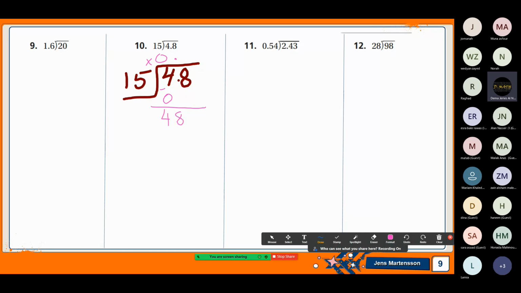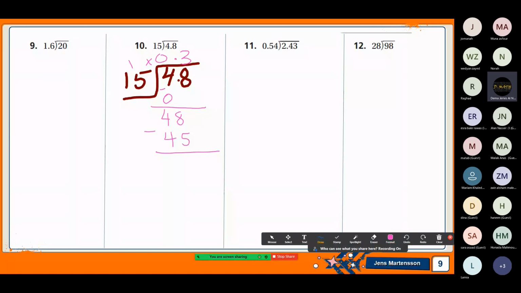48 divided by 15 is 3. 3 times 15: 3 times 5 equals 15, and 3 times 1 is 3, plus 1 is 4. So 45.